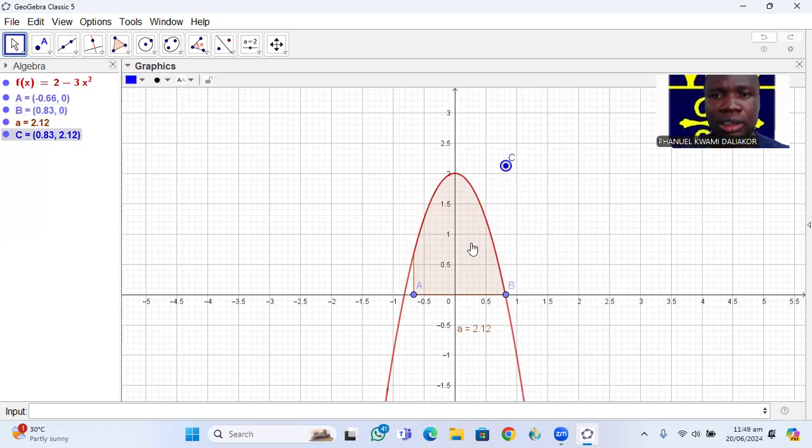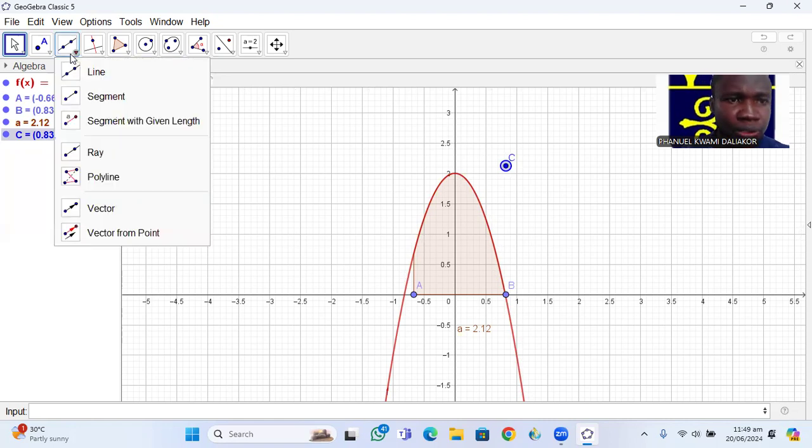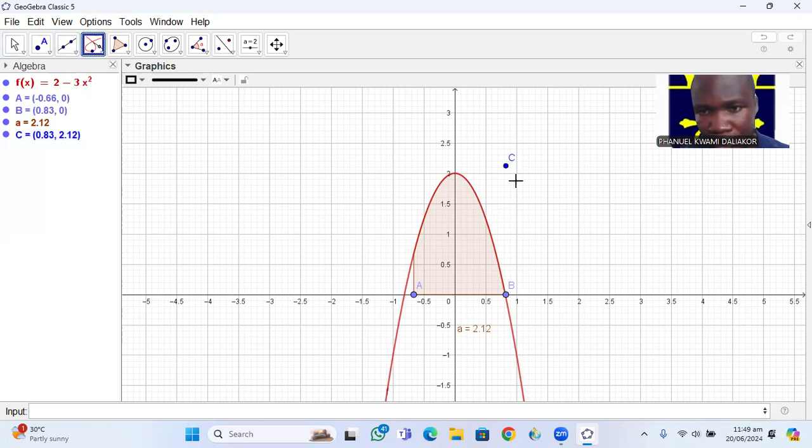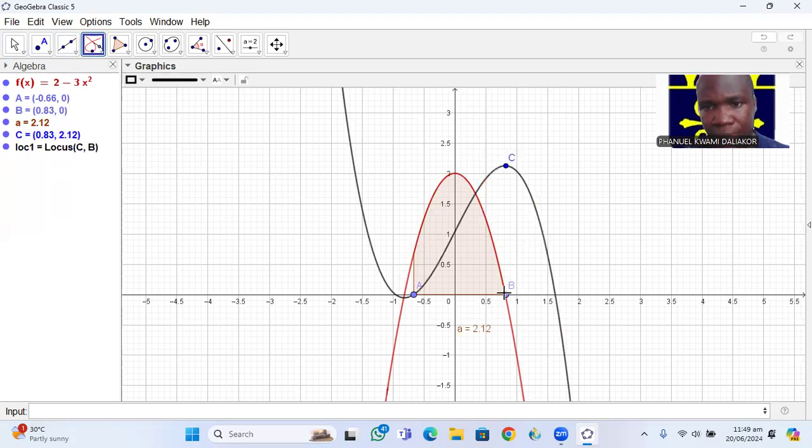So now let's try and use the locus and see what will happen. Locus of C and B. Okay. I have this. So whenever I move B, C moves along the curve.